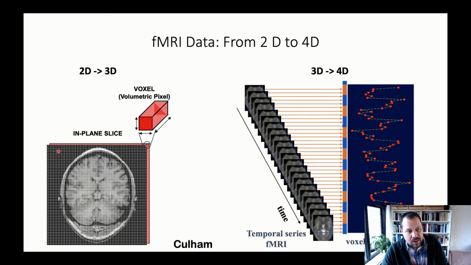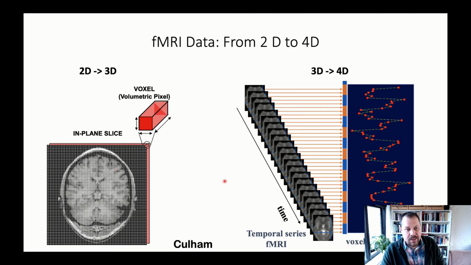So already each slice gives us a 3D unit, a volumetric pixel to work with. And in this pixel, as I said in an earlier video lecture, we have about 1 million neurons, which is quite a bit. And so this is at the 2D level. Then we record multiple slices throughout the brain and then reconstruct them into a 3D volume.